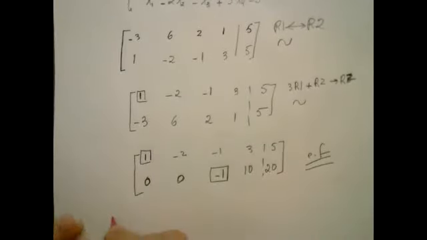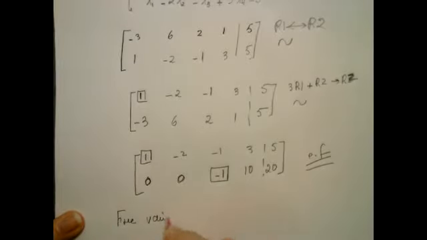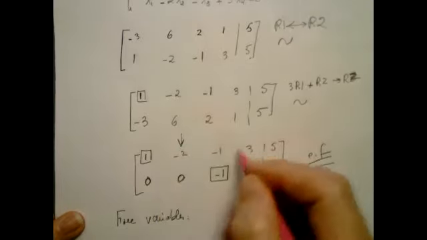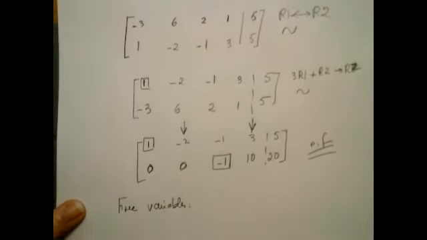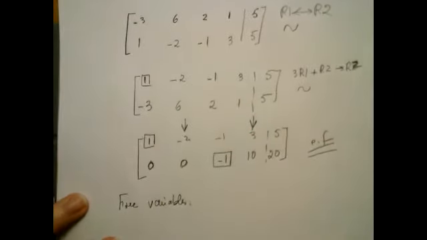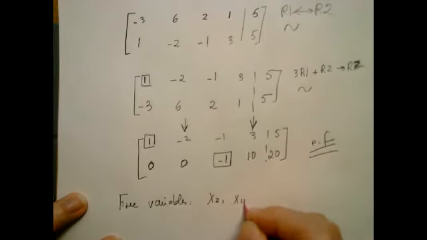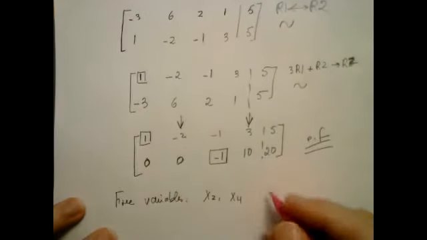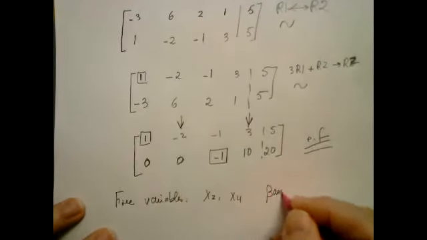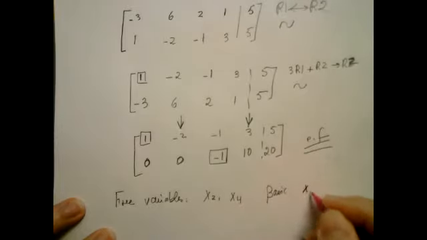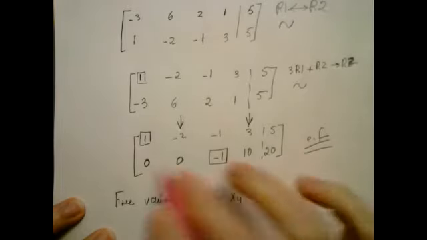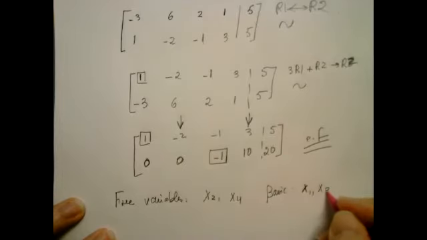Immediately, the basic and the free and the system. The free are the variables that correspond to the columns without a leading entry, not with, without. So here it is x2 and x4. The basic are the other ones, x1 and x3.